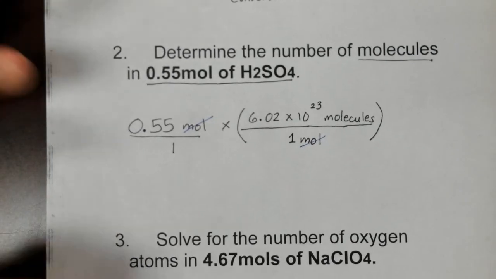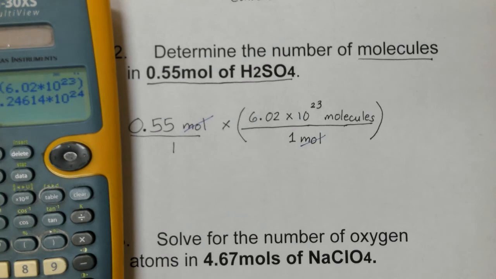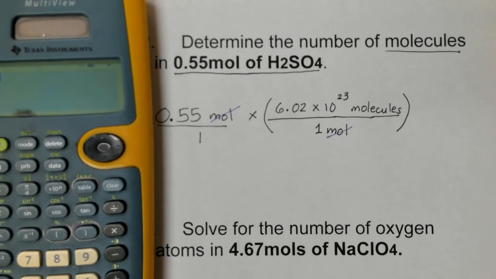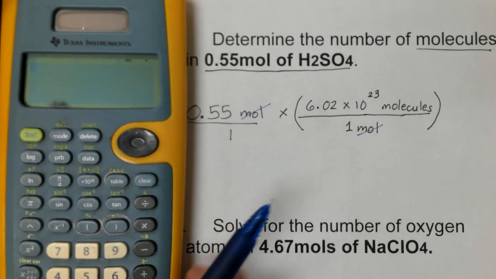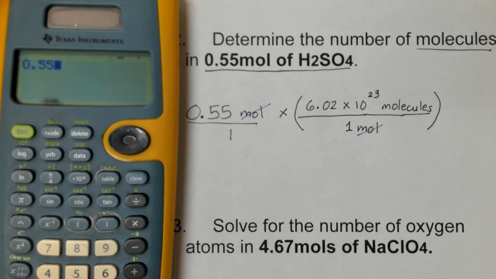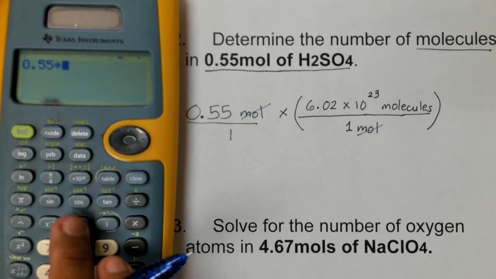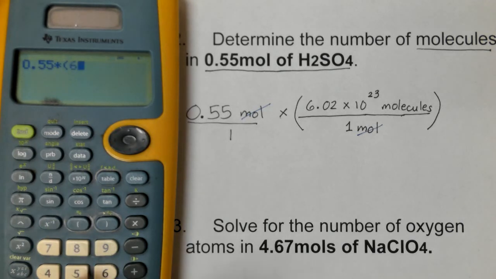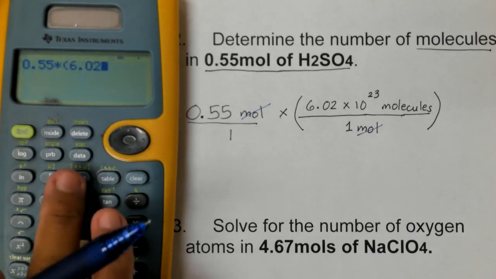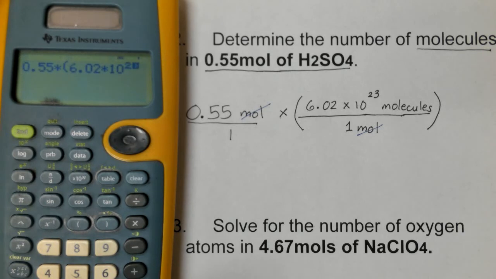So let's put that aside and input this in our calculator. Okay? Let's be ready now. Let's input 0.55 times, you can enclose it in parentheses to be safe with this. So times, open parenthesis, 6.02 times 10 to the 23.